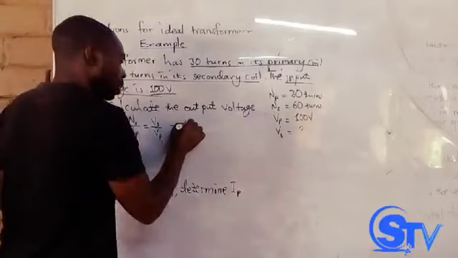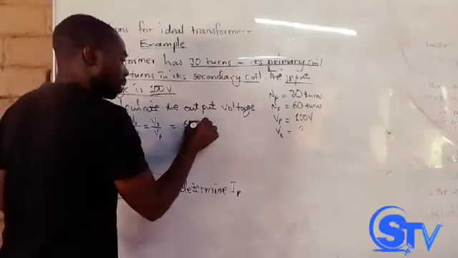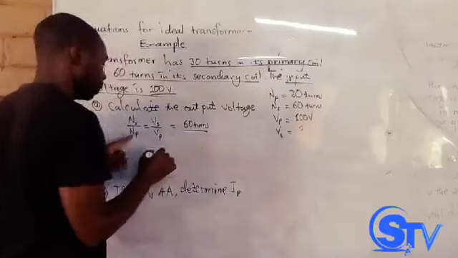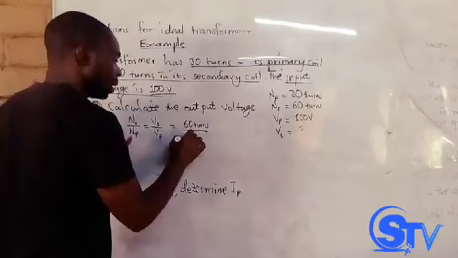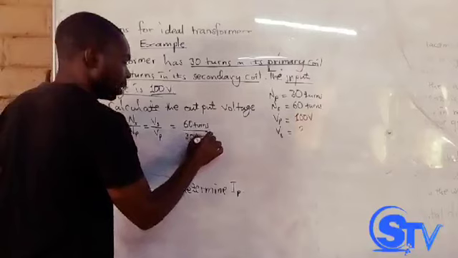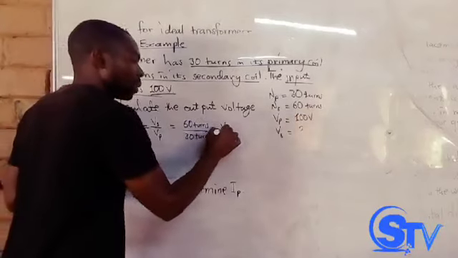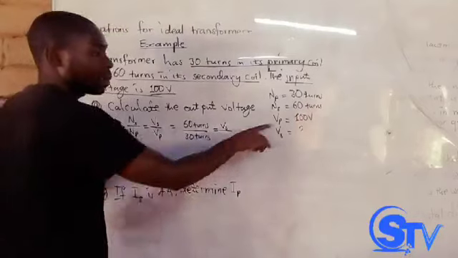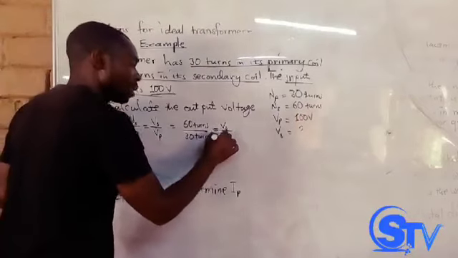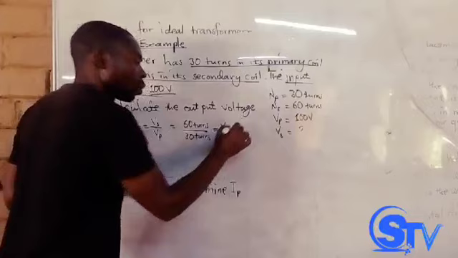So we have 60 turns over 30 turns, which is equal to voltage in the secondary, we do not know it, over the voltage in the primary, that is 100 volts.